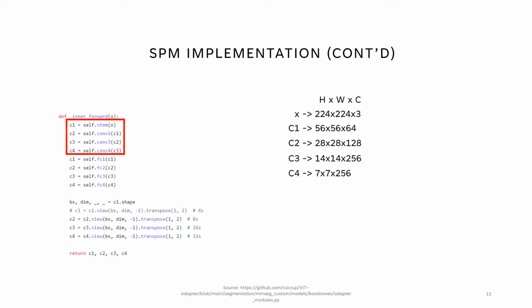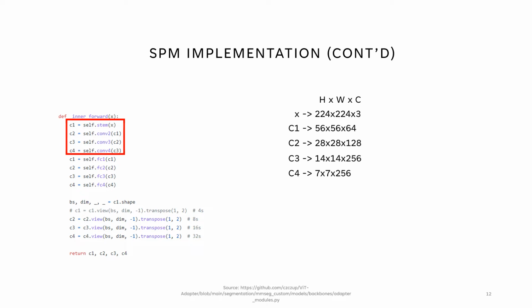Then 3 more features are created, C2, C3, and C4. These features have dimensions of 28 by 28 by 128, 14 by 14 by 256, and 7 by 7 by 256, respectively.